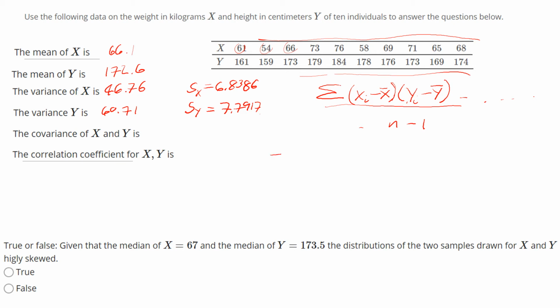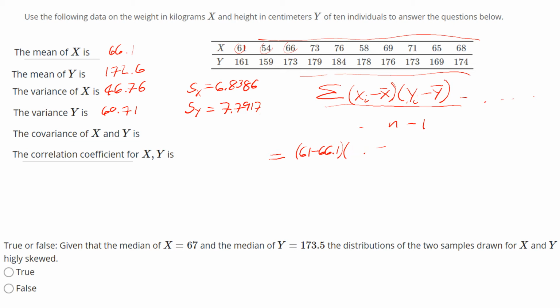So this will equal 61 minus 66.1 multiplied by 172.6 minus, oops, that should be, let's get rid of that. That's the mean of y. We don't need that yet.